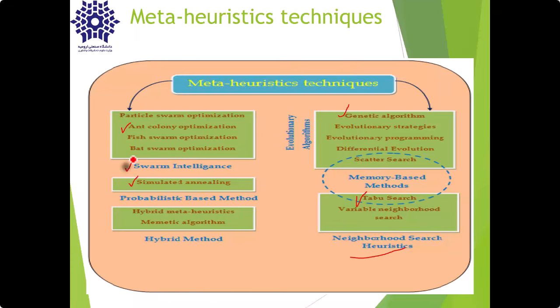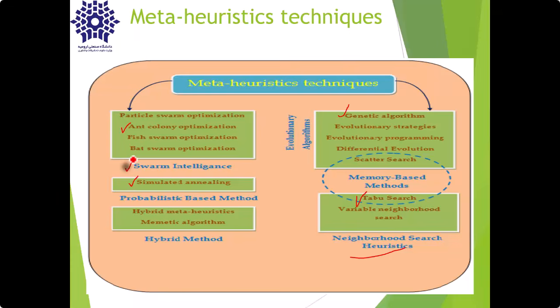Swarm means population. Swarm intelligence means intelligence by a collection of items, animals, cells, and everything. A collection of different items collaborate, communicate, and work with each other to do some tasks.